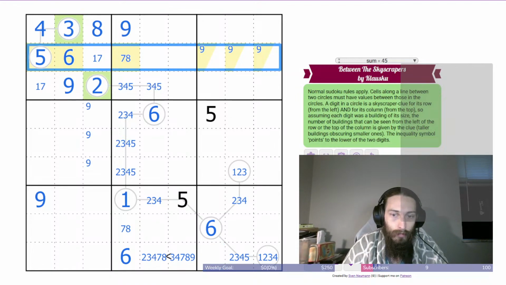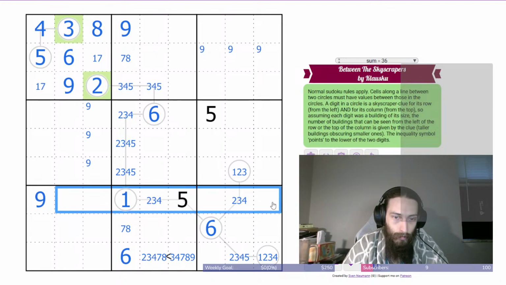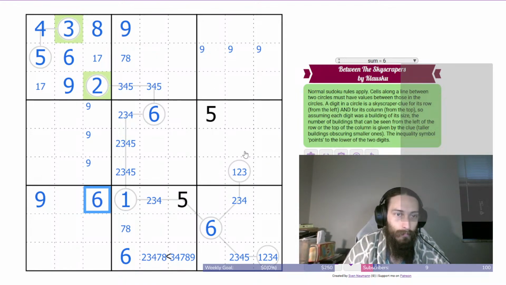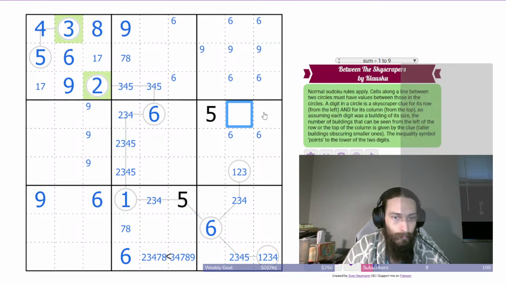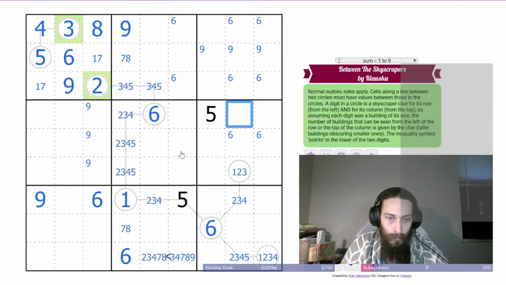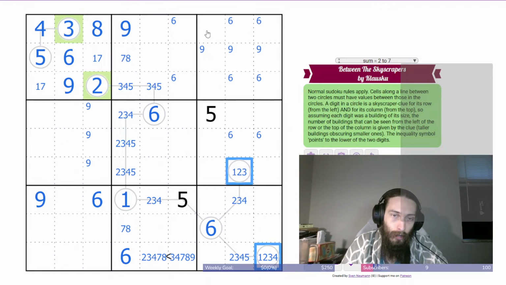Row 7, the 6 can be placed. Row 7, not in there, not in there, and not this one. Oh. Neither of these can be 1s now, because that would force another 9 in the first row.